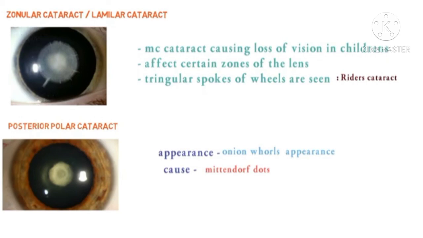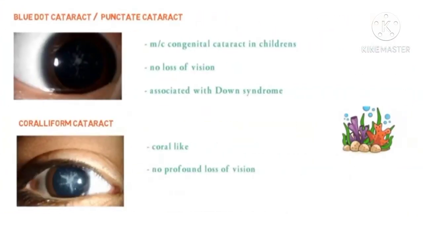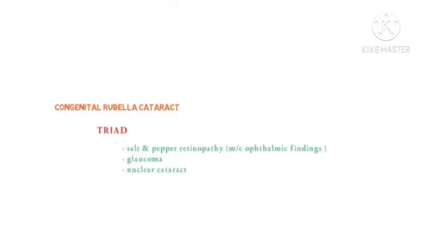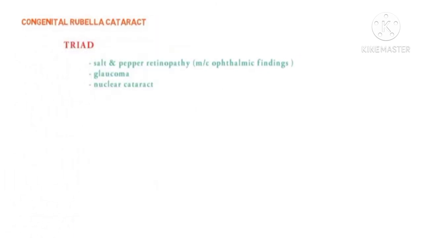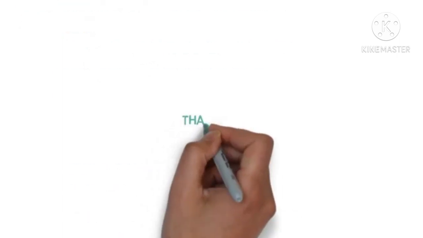Then we discussed posterior polar cataract, and after that blue dot cataract, in which there is no loss of vision. Then we discussed coralliform cataract, which also has no profound loss of vision, and after that we covered the triad of congenital rubella cataract. So this is all about congenital cataract.